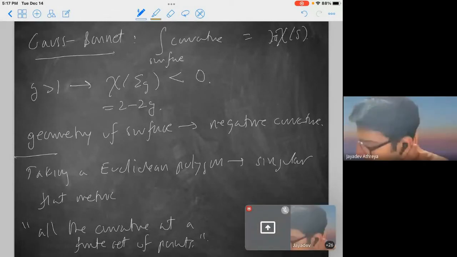So when we have all the curvature at a finite set of points, the natural question is, what would, in some sense, the right geometry be?